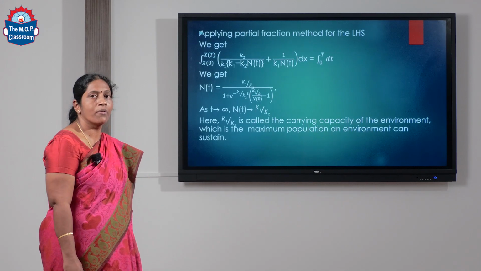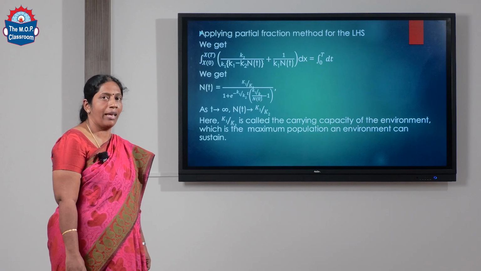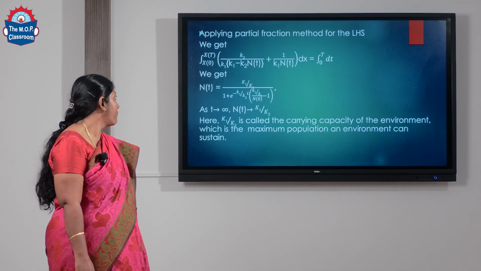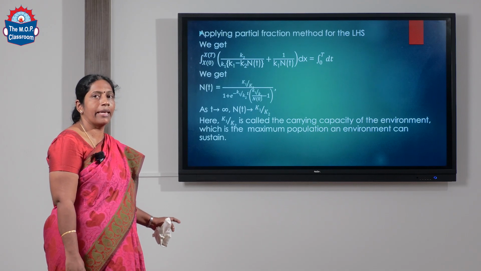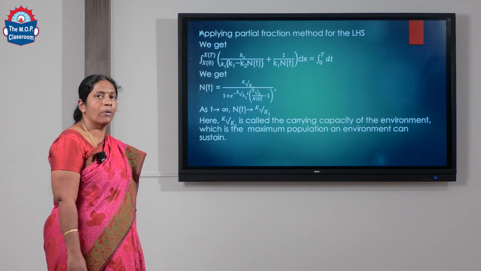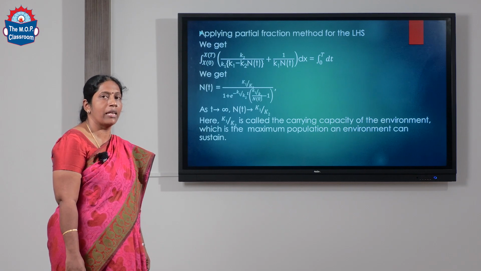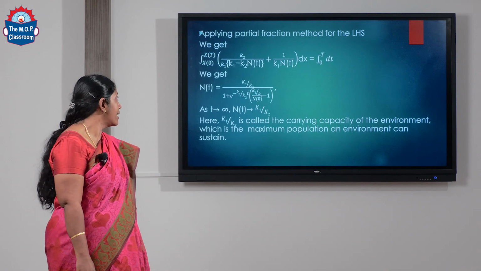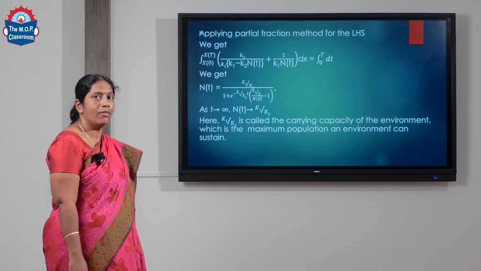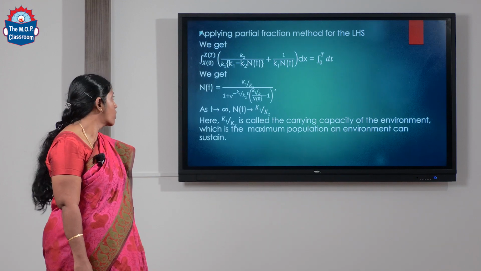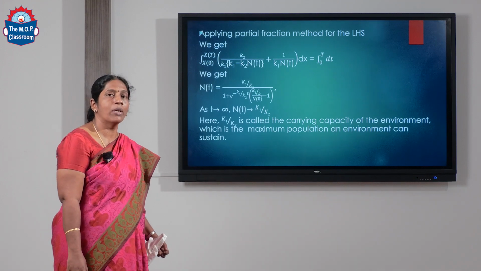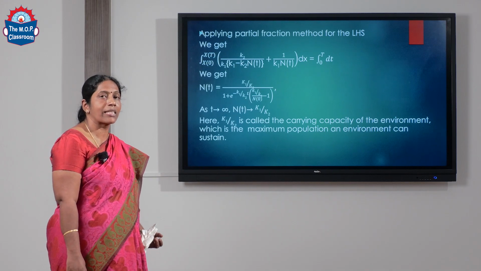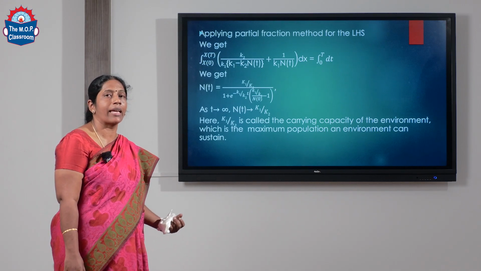We have the solution for this particular model given by N of t is equal to (K1 by K2) divided by (1 plus e power minus K1 t into ((K1 by K2) by N of 0 minus 1)), where N of 0 denotes the initial population. Now as t tends to infinity, we can see from this solution that N of t tends to K1 by K2. Here K1 by K2 is called the carrying capacity of the environment, that is the maximum capacity which any environment can sustain.